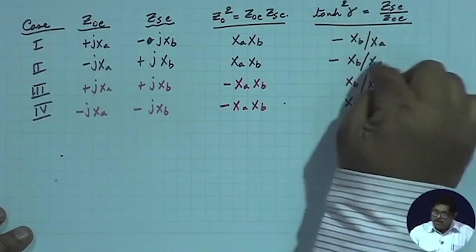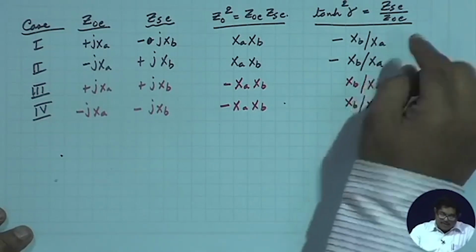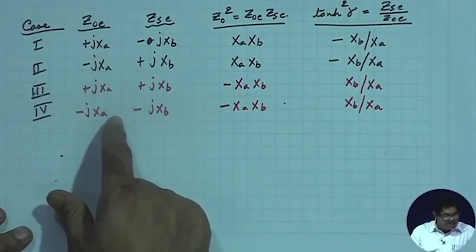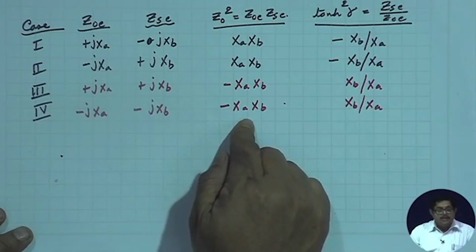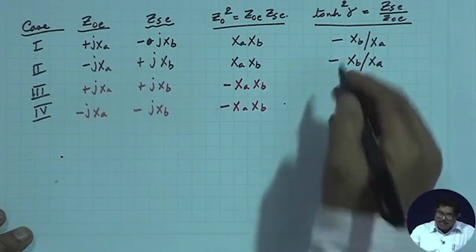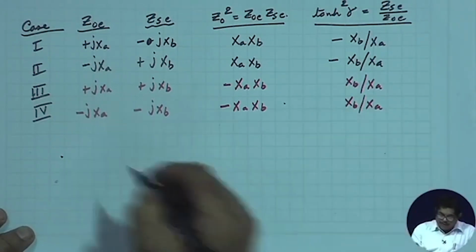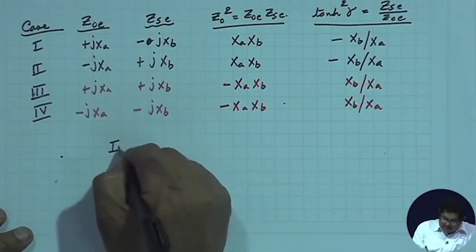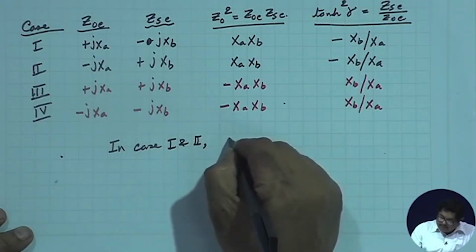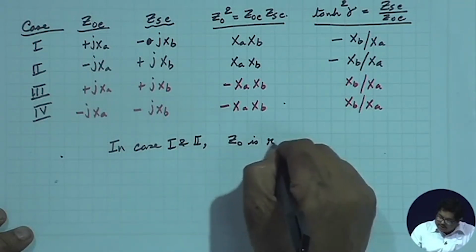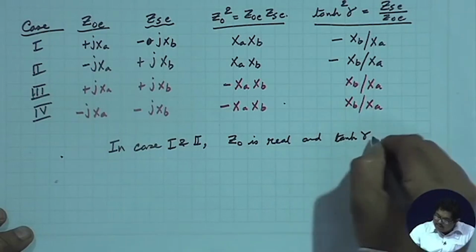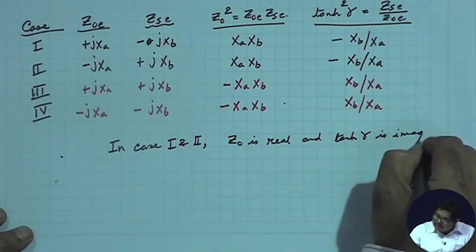So, tanh will be an imaginary number, and in case 3 and 4, which I have marked in red, you see Z naught is imaginary and tanh is real. So, let me write this, that in case 1 and 2, Z naught is real and tanh is imaginary.